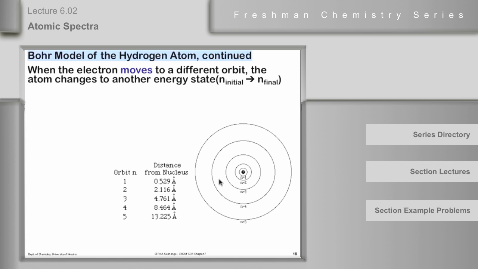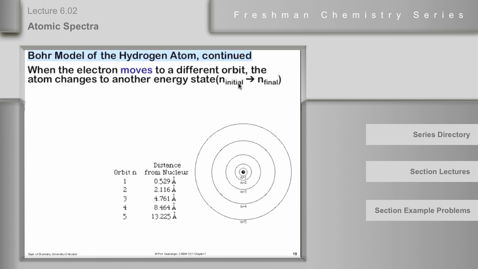And the energy difference from the ground state up to the excited state is the amount of energy the atom needs to accept in order to cause this change from the ground state up to an excited state.